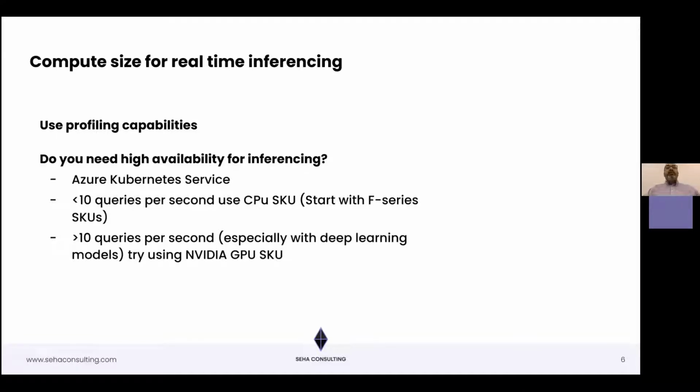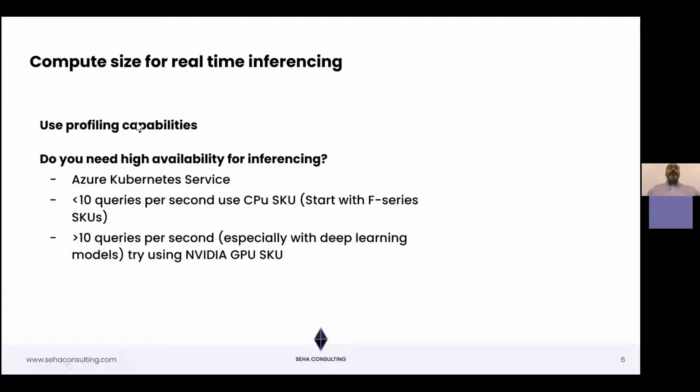Those are real-time inferencing capabilities. So the model needs to be able to get multiple requests at one time and give an output to your customer.